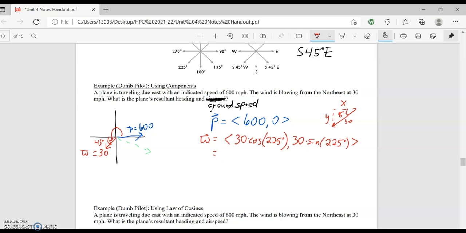I believe it's right around negative 21.2 for the x, and because it's a 45-degree angle, those legs are going to be the same, right? So reference angle 45. So 30 times the same cosine and sine values, you're going to get the same here.